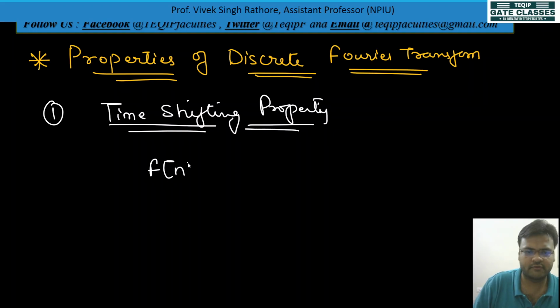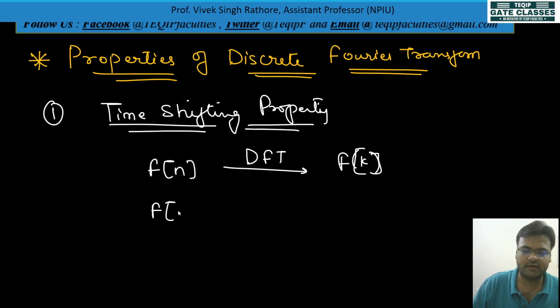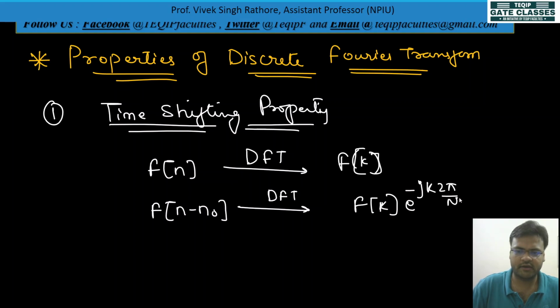If f of n is discrete and periodic, and we take its discrete Fourier transform to get f of k, then when we do time shifting in the time domain, we get f of k multiplied by e to the power minus j k omega n naught, where omega is 2 pi by N. This is the time shifting property.